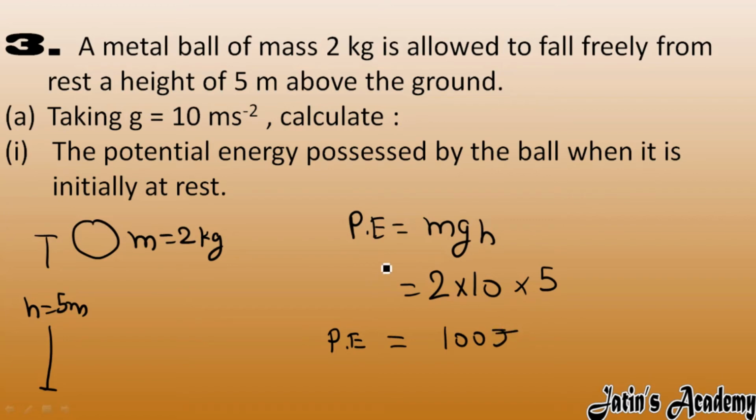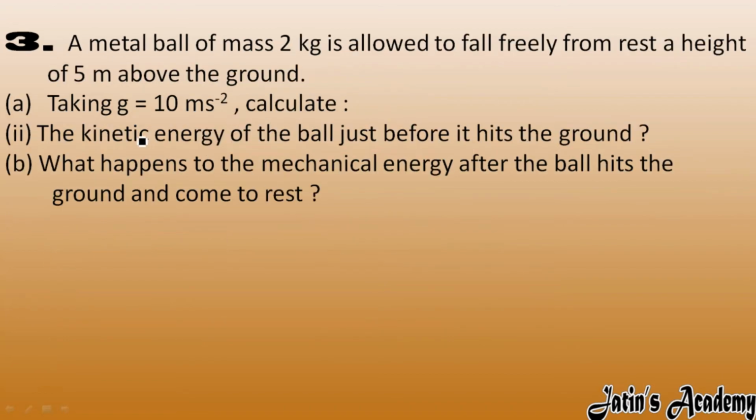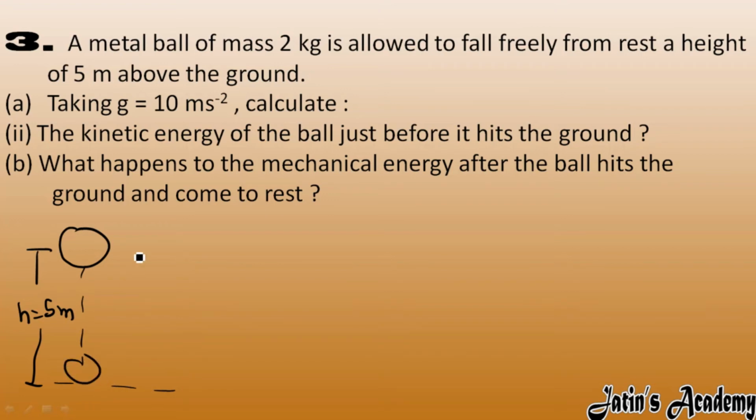Now next we have to calculate the kinetic energy of the ball just before it hits the ground. The ball which is 5 meter above the ground, when released and it hits the ground, the whole potential energy is converted into kinetic energy. This is called conservation of energy. This only happens when air friction is 0, so the assumption we have to take is that we are neglecting air friction.